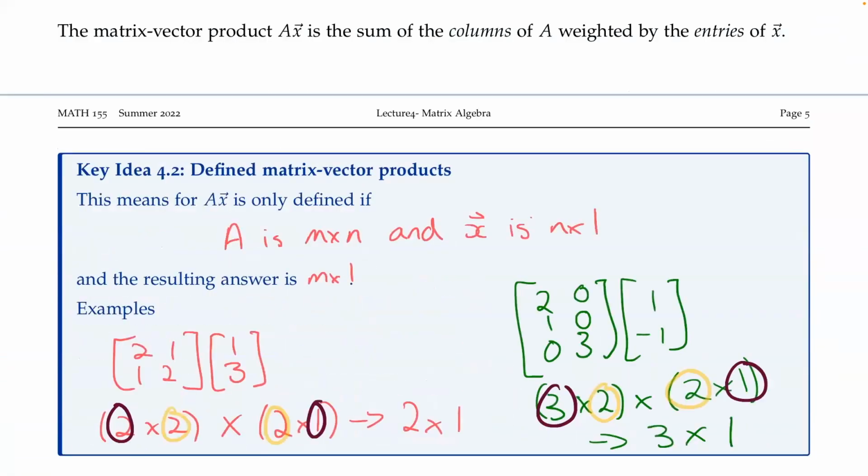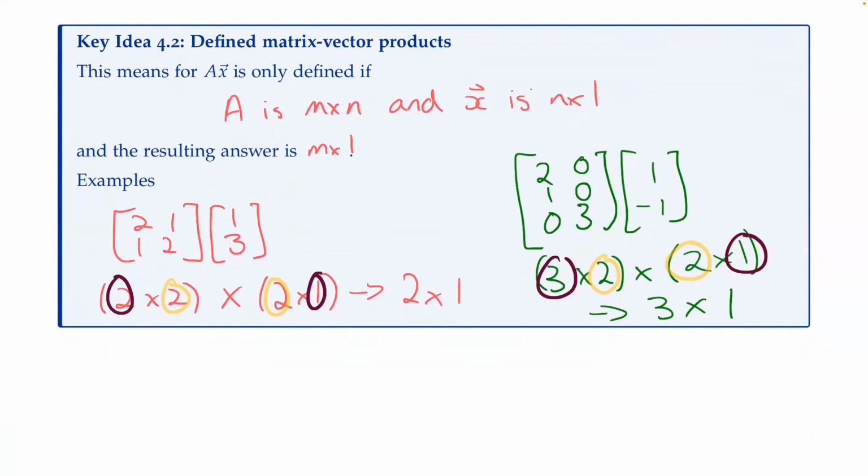How do we actually do that? Well, if we have a matrix that has m rows and n columns, and we have a vector which has n rows, then we can combine these things. So we end up with an m by 1 vector when we're taking a matrix and a vector product.